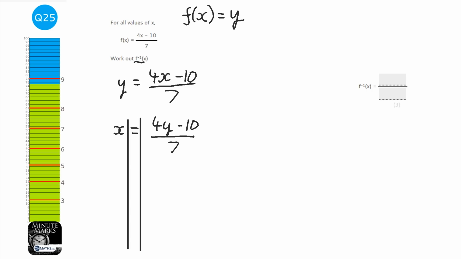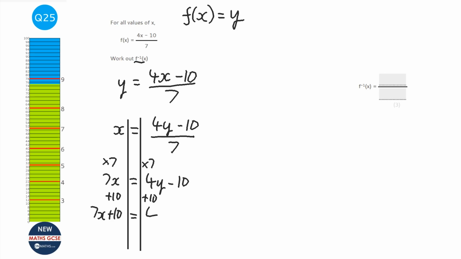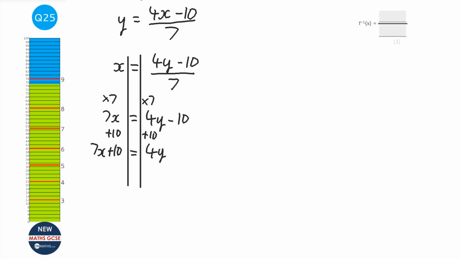So the first thing I'm going to do is times both sides by 7 to get rid of the fraction. So we've got 7x equals 4y minus 10. Then I'm going to add 10 to both sides. So we've got 7x plus 10 equals 4y. And then I'm going to divide both sides by 4.